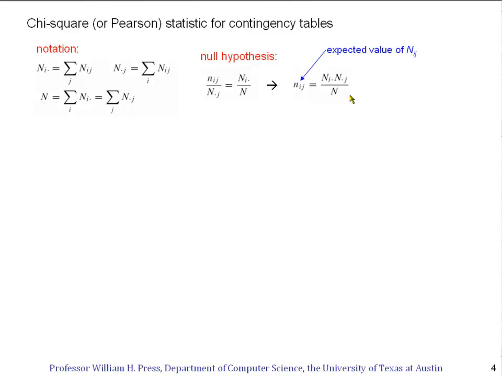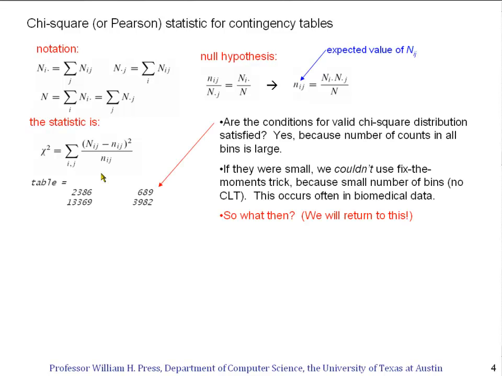So that's the model of the null hypothesis for a contingency table. And now the Pearson statistic is just the same as we've seen before. Before we used the mnemonic for it that it was observed minus expected squared divided by expected. And we saw that that was a chi-square-like statistic. There were some important footnotes on that because it's not exactly chi-square distributed for small counts, you should recall.